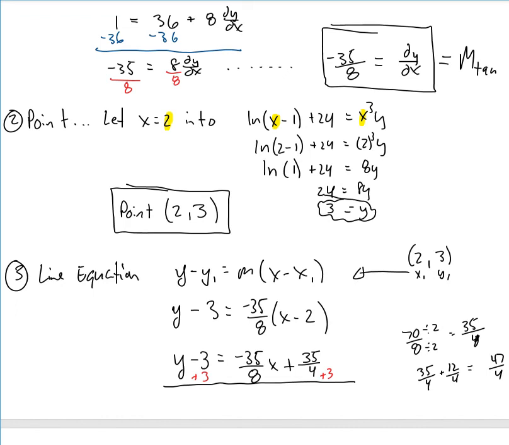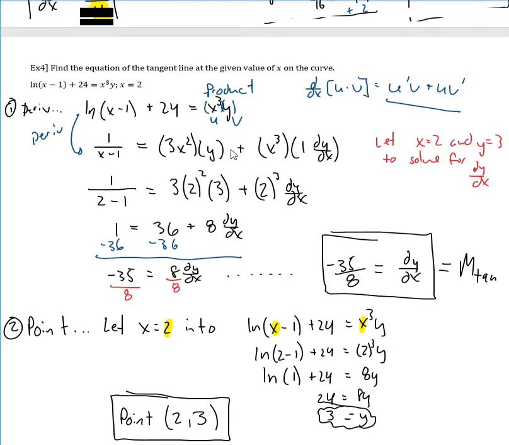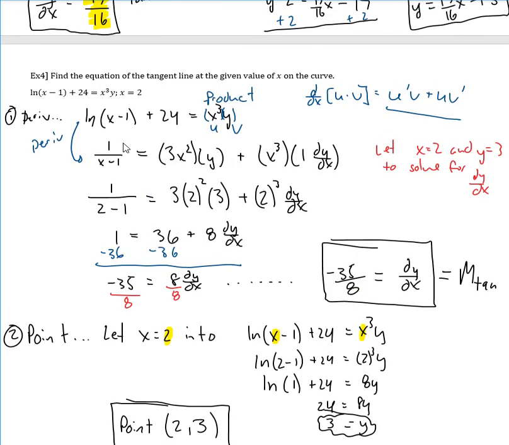So 47/4. So we have y equals negative 35/8 x plus 47/4. Okay, so that is our final answer. That is the equation of the tangent line through our weird equation here, just like that.